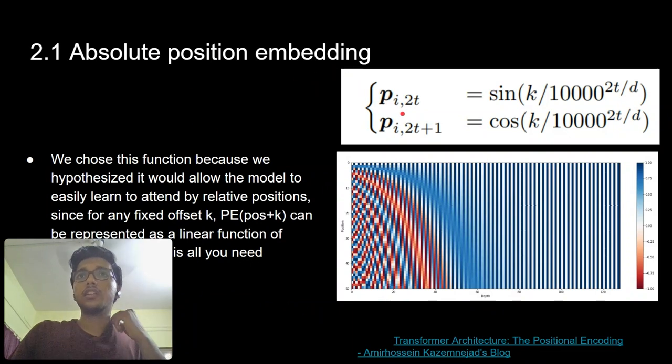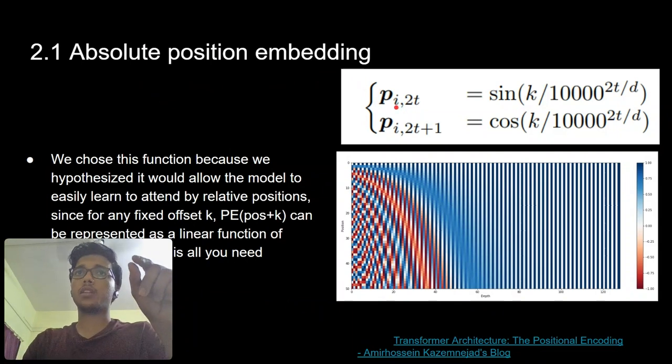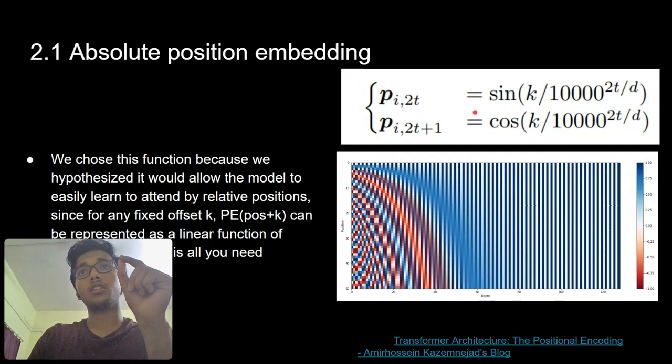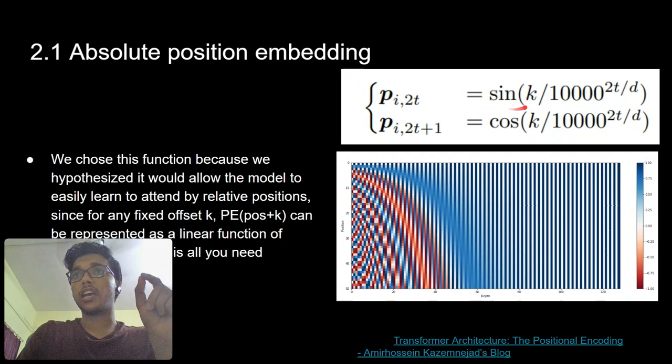Suppose it is defined for the ith token and the feature obtained at the 2tth position. The value of that position embedding would be sine of k by dot dot dot, right?